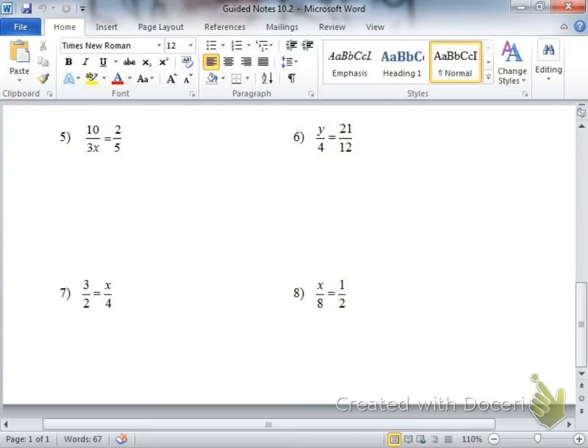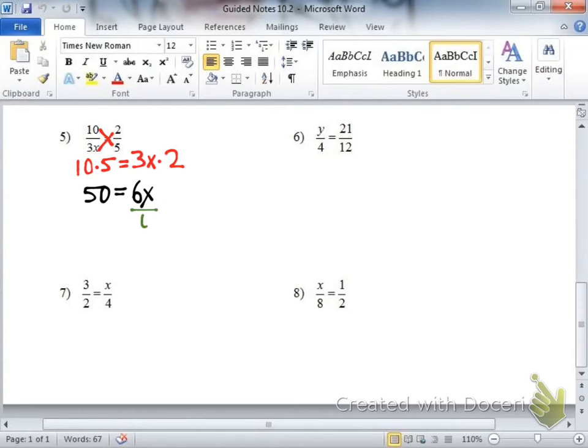Alright, on number 5. First, I want to do 10 times 5. That's going to equal 3x times 2. What is 10 times 5? 50. What is 3x times 2? 6x. Good. How am I going to get the x part by itself?